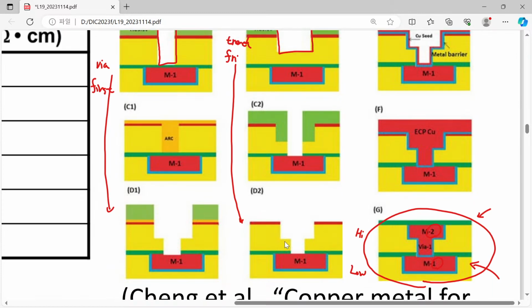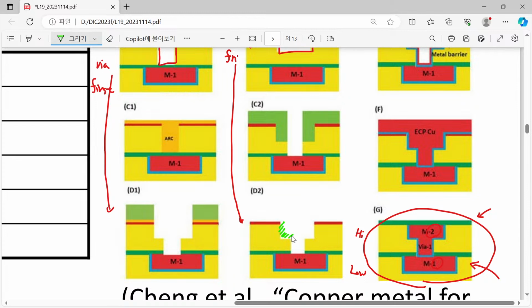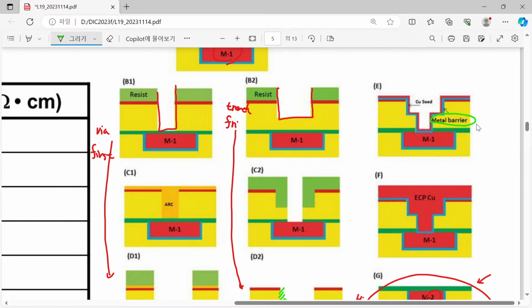This is a low-k material, but here we introduce something. Something means that, before filling the copper into it, we wanted to introduce a metal barrier. So barrier metal is introduced.